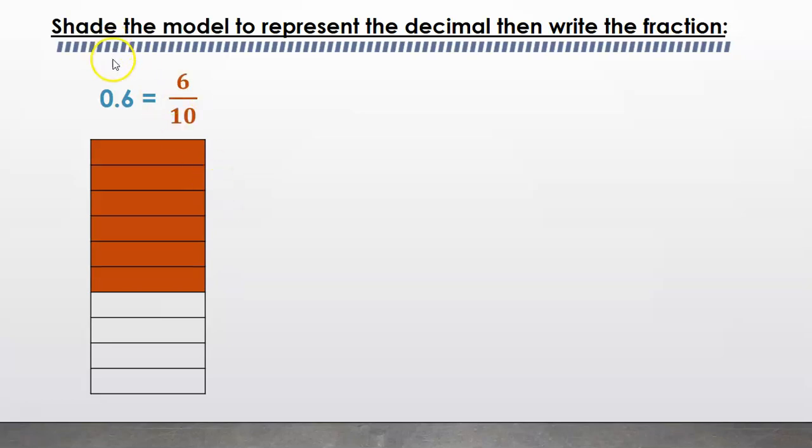Why? The decimal part here, how many place values? Yes, it's 1. Then our denominator will be 10. Okay? And then put 6 as the numerator. Very easy. Or we take it from the model. My denominator is 10. I'll shade 6.